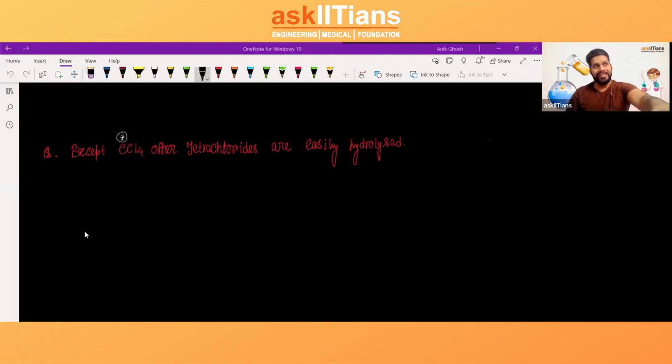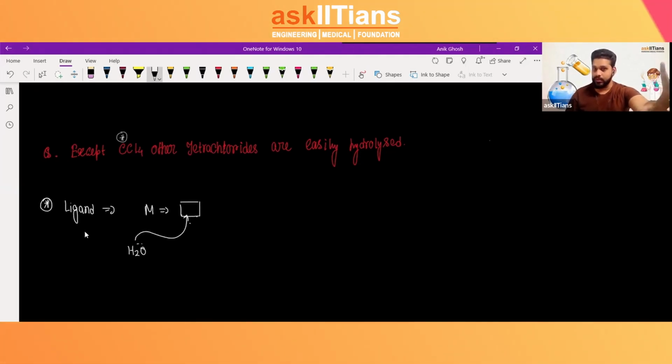So now, in order to make a coordinate covalent bond, what criteria do we need, as we learned in coordination chemistry? So definitely the ligand is needed. But along with that, in the metal we need a vacant d orbital as well, right? Because that is where the ligand, let's say my water molecule's lone pair, has to go and attack; it has to attack on a vacant orbital. Now, here's the part.